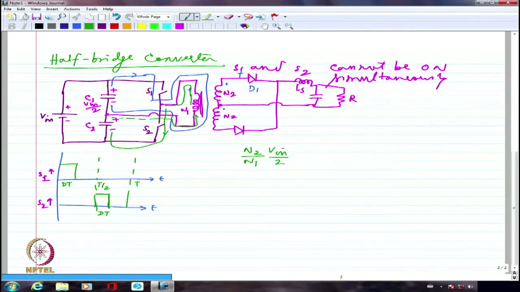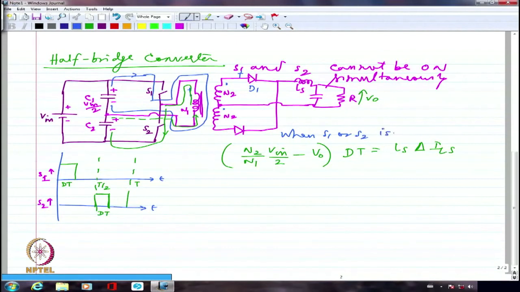So this minus whatever is my V0 multiplied by dt equals Ls delta ILs. This is when S1 or S2 is on, any one of them is on. Along with that, of course, either D1 or D2 will be on.